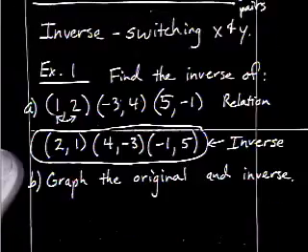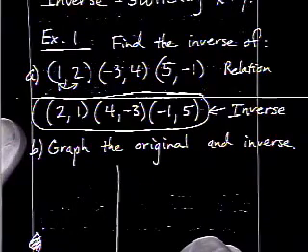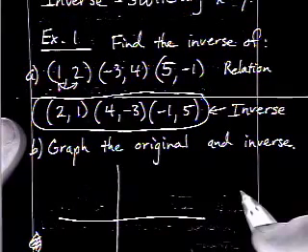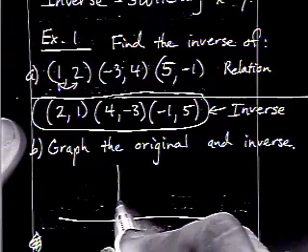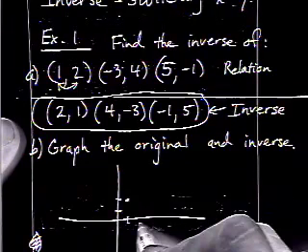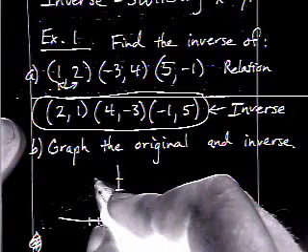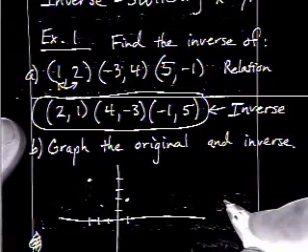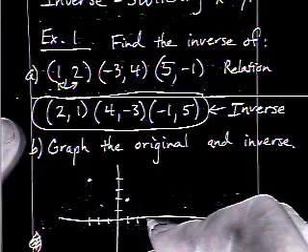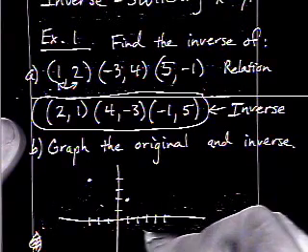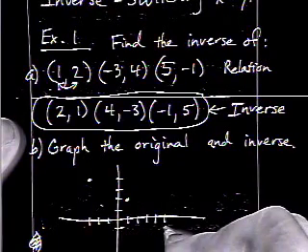Okay? Now, I'm going to graph the original function. See, the original one we had 1, 2, and -3, 4, and 5, -1.